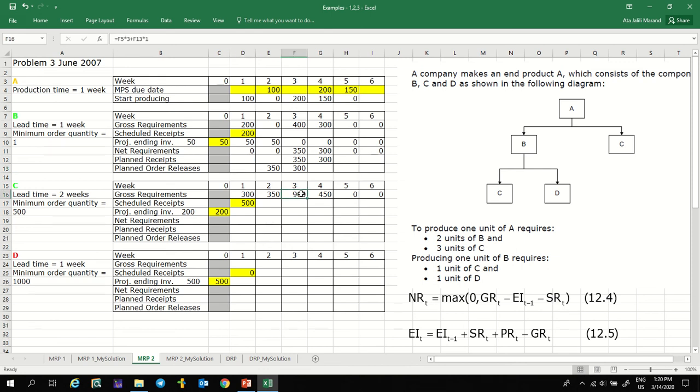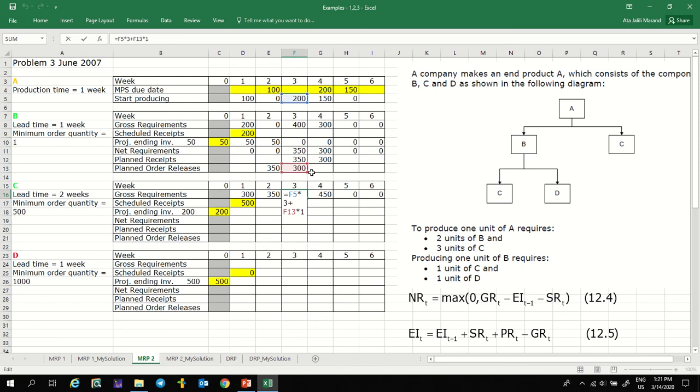But then in week, for example, 3, let's see what we have here. We want to start a production of 200 units of A in week 3, so we need all of its components to be ready in week 3. So we have a gross requirement of part C equal to 600, 200 multiplied by 3, in week 3 to be able to start a production of product A. We also need to start a production of 300 units of product B in week 3.